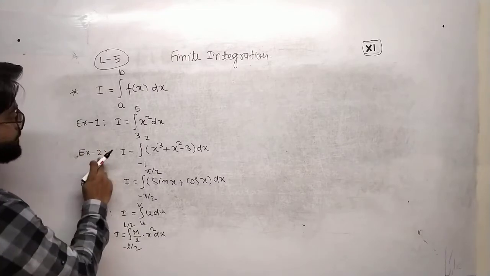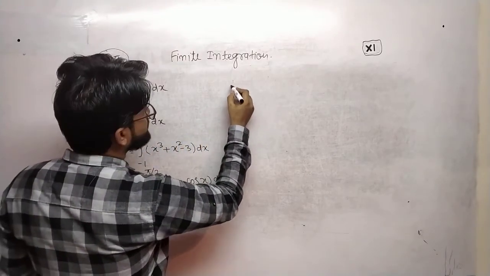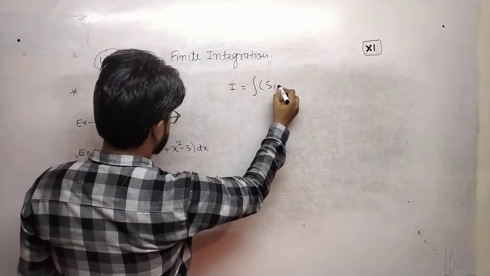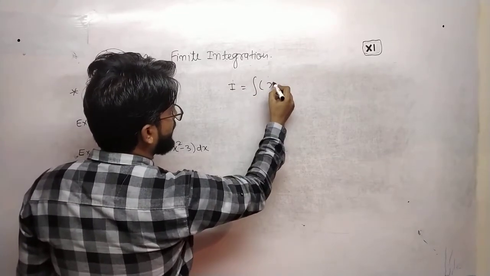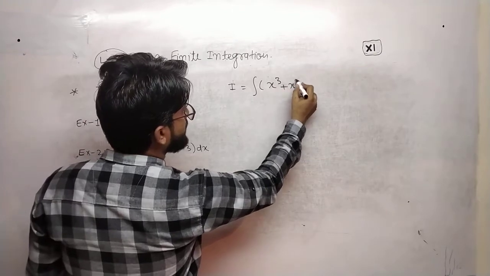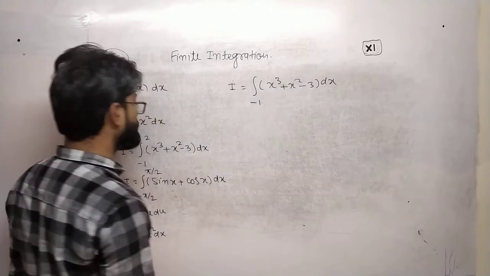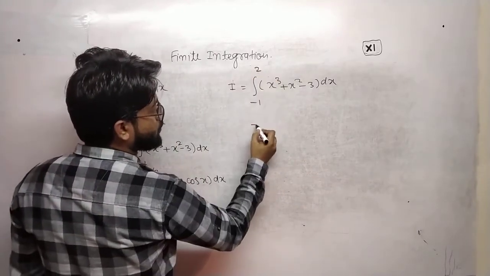Next example is integration of x to the power 3 plus x square minus 3 dx from minus 1 to 2.